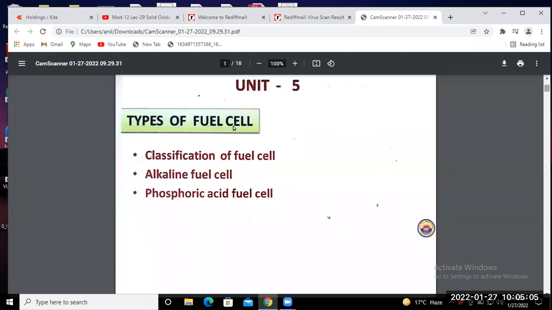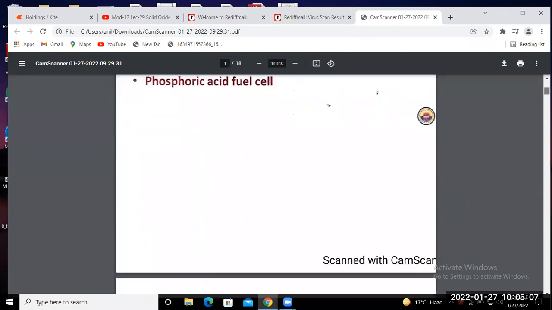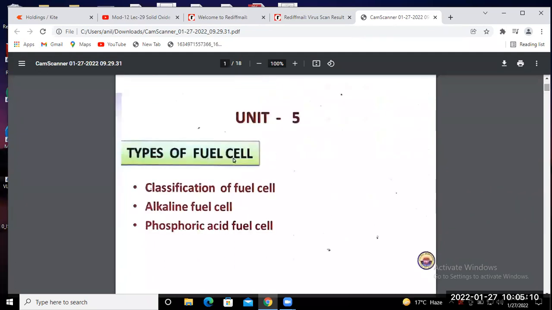As we saw in the previous class, that means chemical energy storage, hydrogen energy storage. Today we are going to discuss types of fuel cell.